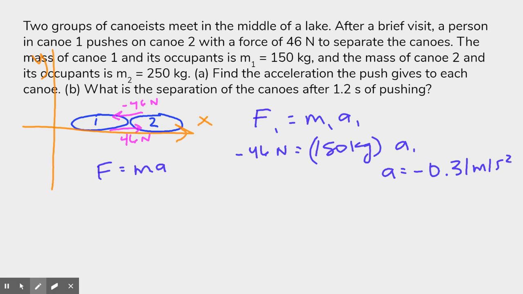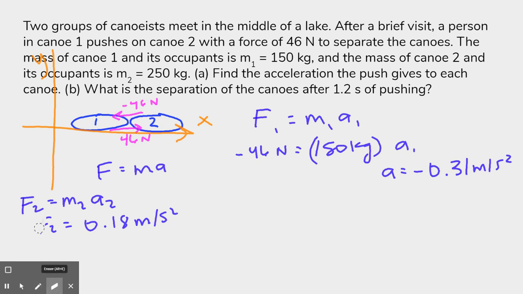Okay, for the second canoe, F2 equals M2 A2, and the acceleration is 0.18 meters per second squared. Okay, we have found the forces, or I'm sorry, this should not say F2, this should say A2.